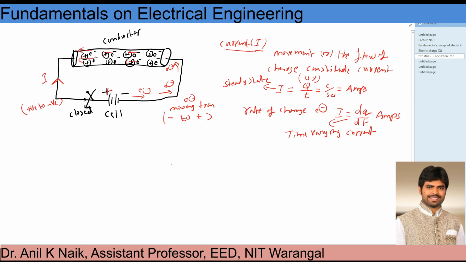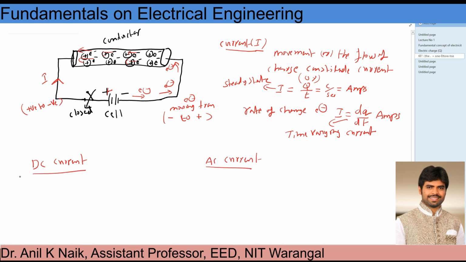After this current, you need to understand one more concept here. It is called the DC current and the AC current. What is meant by this DC current and this AC current?